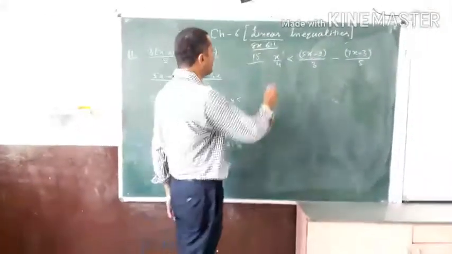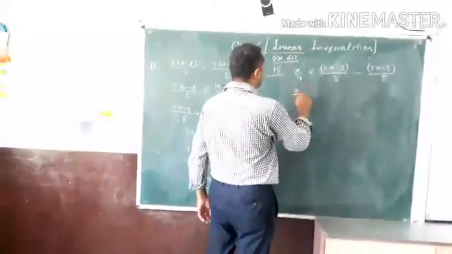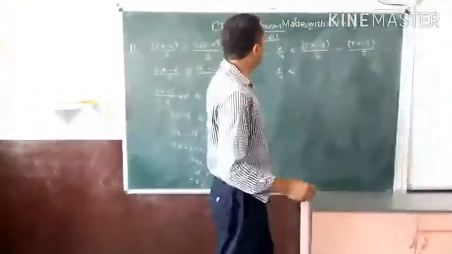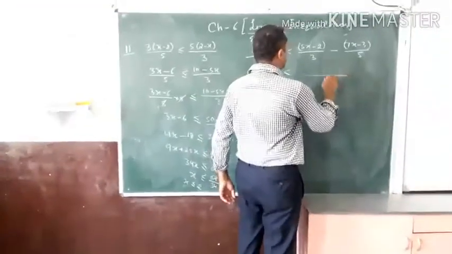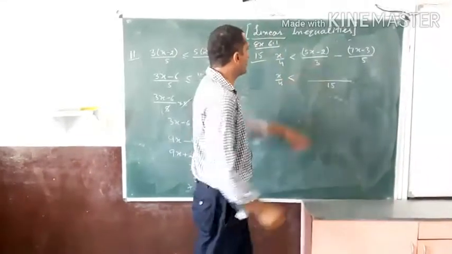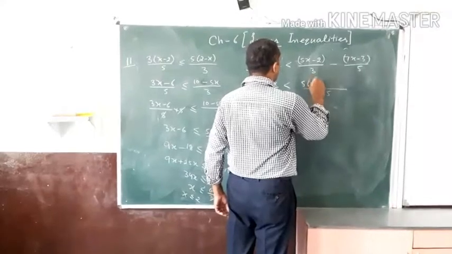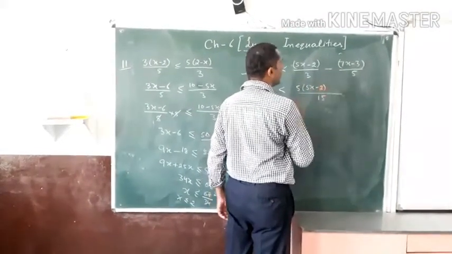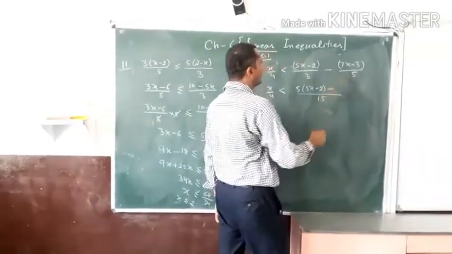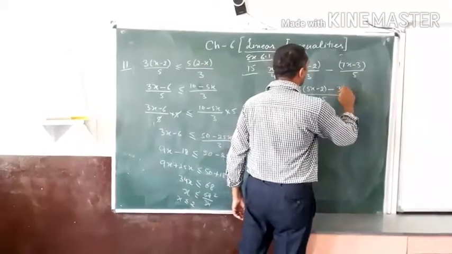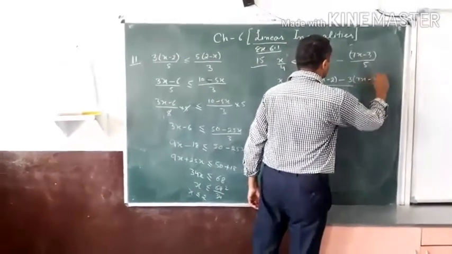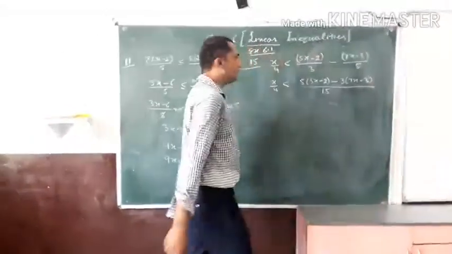So solve this inequality. X by 4 less than, here the LCM will be 15: 3 5s are 15, 5 into 5x minus 2 minus 5 3s are 15, 3 into 7x minus 3.